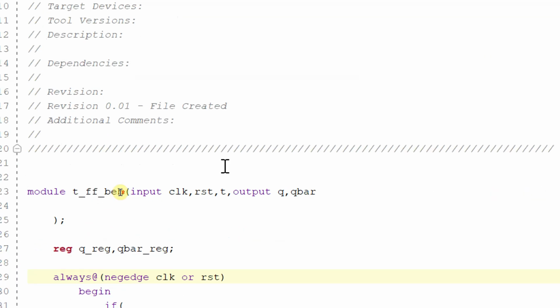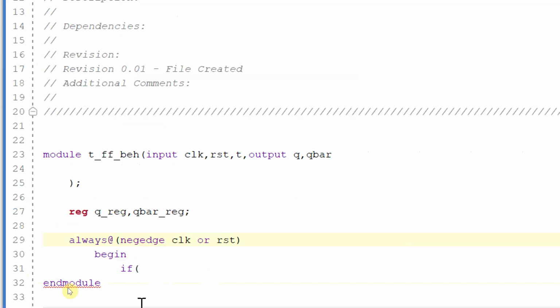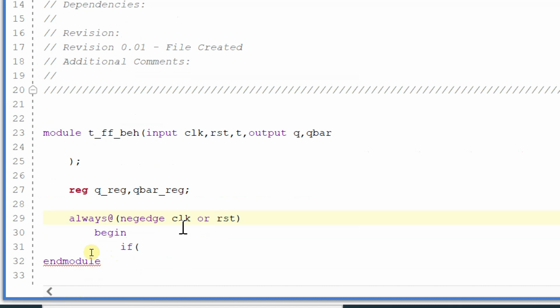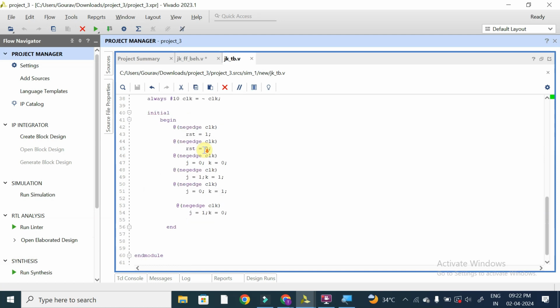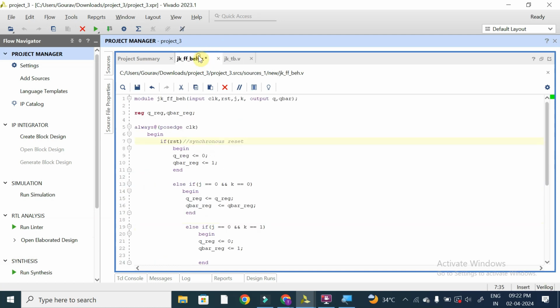So if there is any change in the clock, or if there is any change in the reset, or if we apply any reset signal, then the always block should be triggered. Whereas in case of synchronous reset, if there is change in clock only, the always block will be triggered.